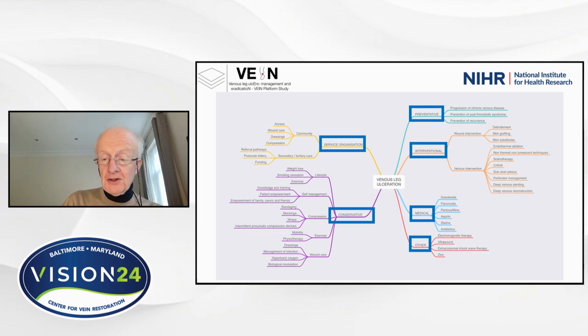We heard in the previous talk that there's no randomized control trial looking at the benefit of exercise and mobility. What should we do to prevent leg ulceration? Yes, compression hosiery, but are there any drug therapies that might be of benefit? Interventionally, what could we do to the wound itself? And what should we be doing with respect to either the subdermal plexus, the iliac system, and deep vein reconstruction?